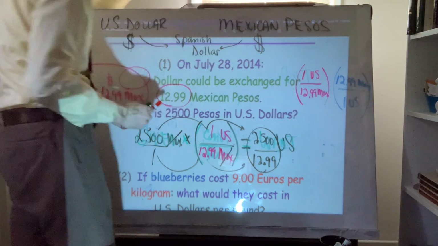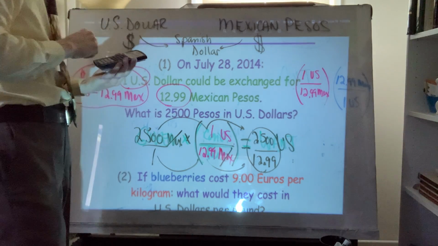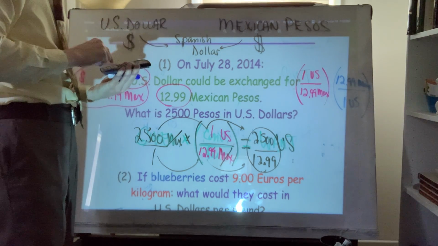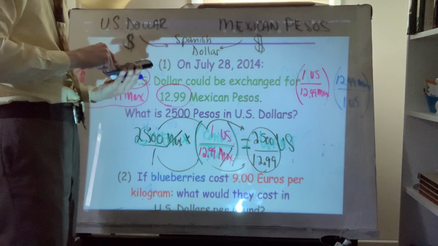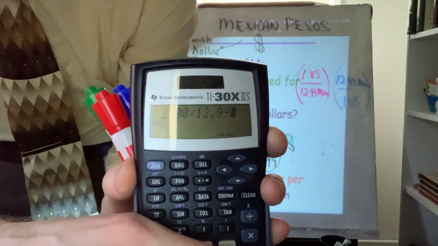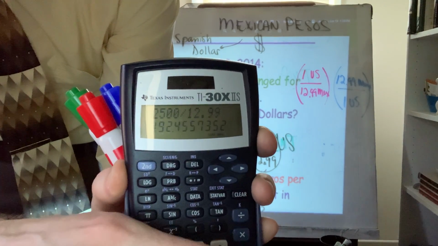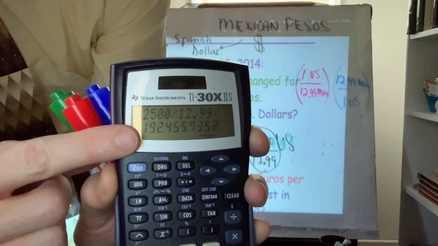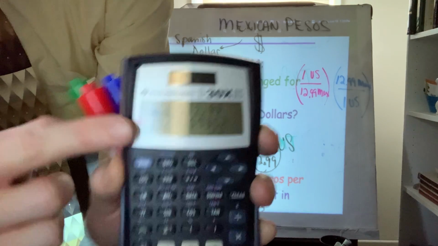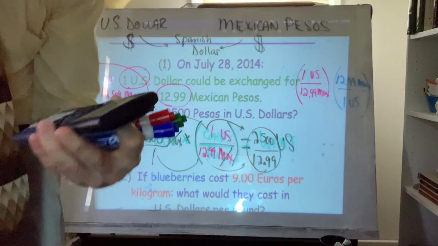I would enter this into our calculator at this point: 2,500 divided by 12.99. Appropriately put that first because it's on top. And you see what the equivalent is. Looks like it's 192.45 or 46 if you round it.